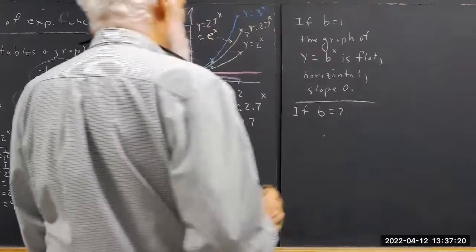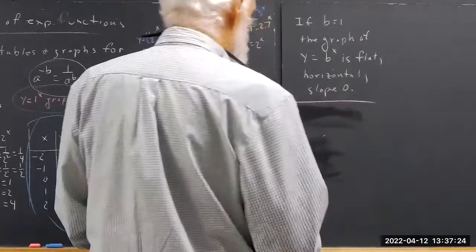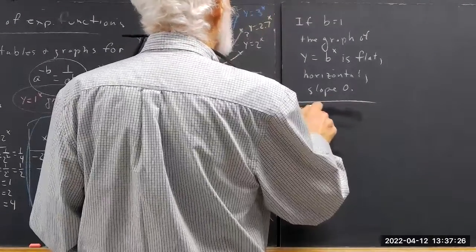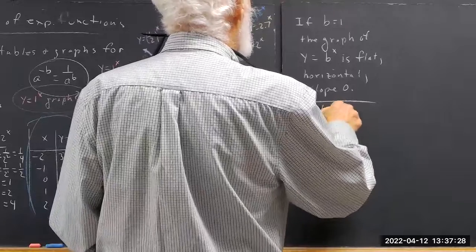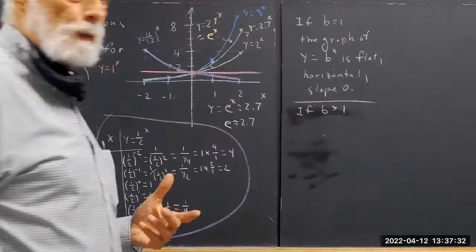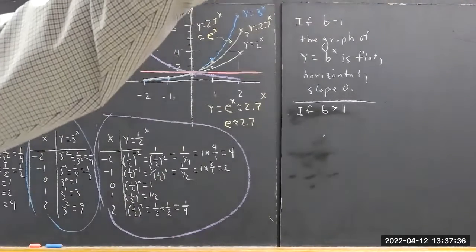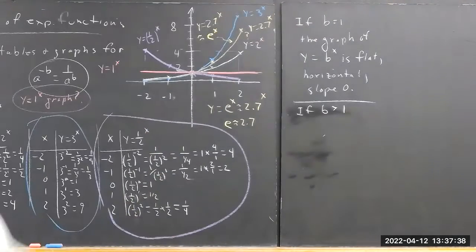I don't want to say if b equals, I want to say if b is greater than 1, which is what I started to say a minute ago. Okay, if b is greater than 1. What can you say about the graph? Well, the graph is concave up, isn't it? It's rising steeper and steeper.